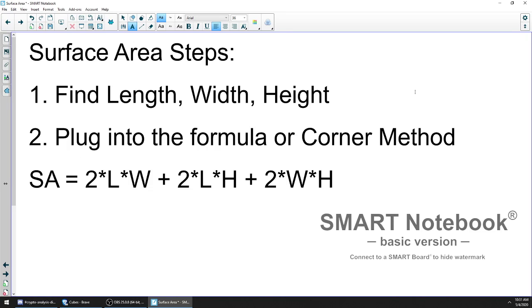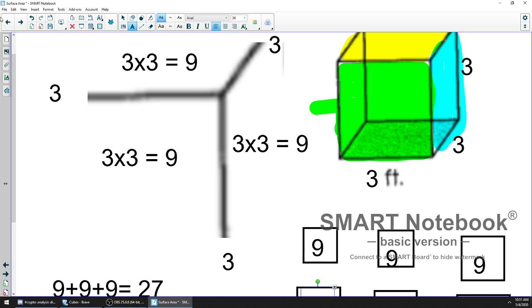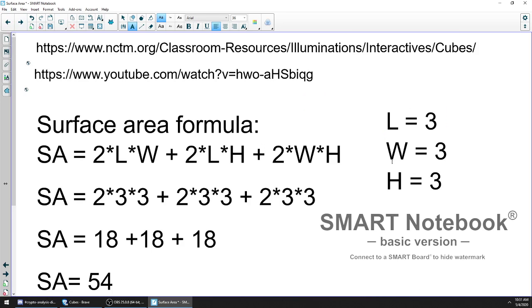But always, always, always make sure you write it down. Just like I did right here. I wrote down the length, wrote down the width, wrote down the height. I should see this for all your problems, okay? This way you know exactly which numbers to use.